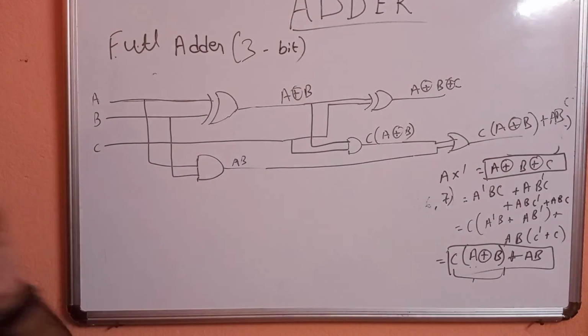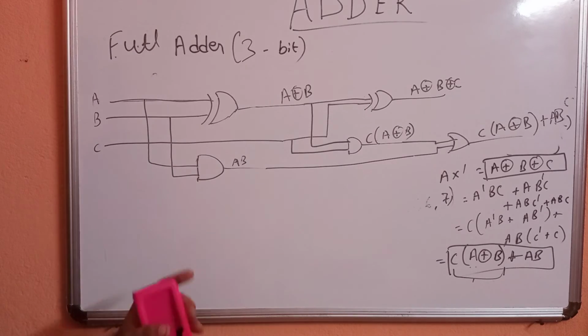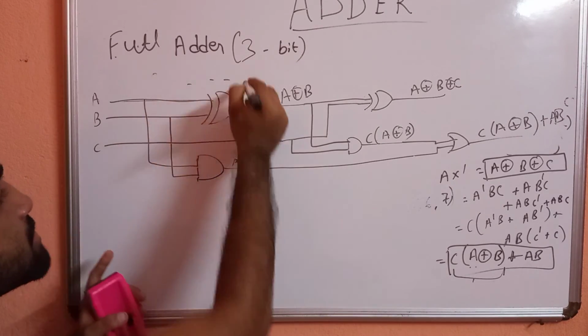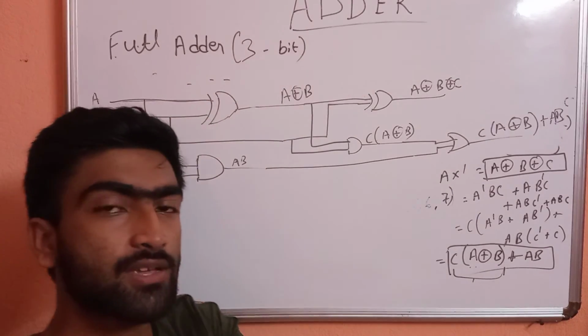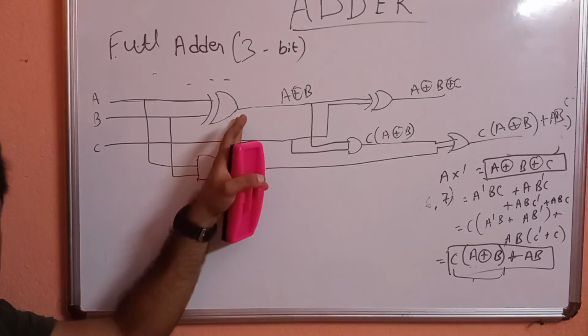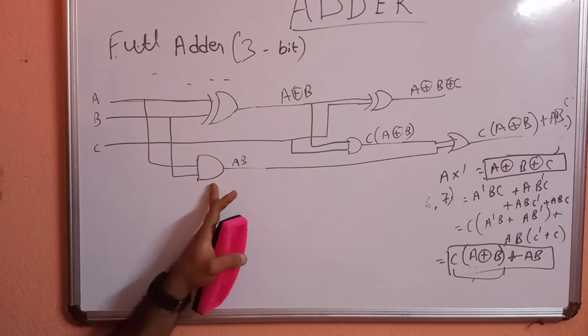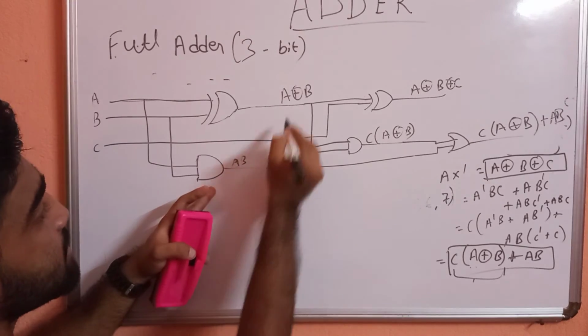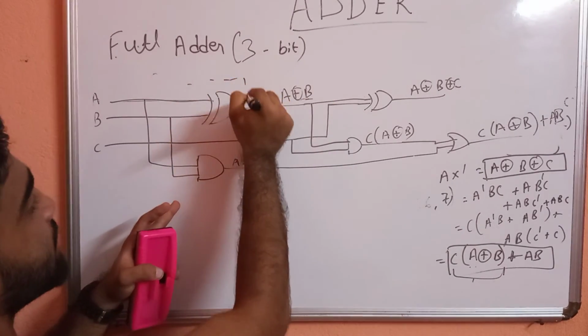Right? Now, what was the question? Draw a full adder using 2 half adders. Okay. See, we have used half adder. Remember when I drew the circuit of half adder, we used an XOR gate and a carry using AND gate. This is my carry and this is my sum for half adder.